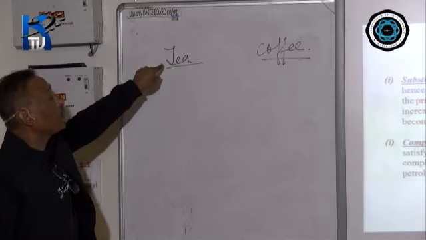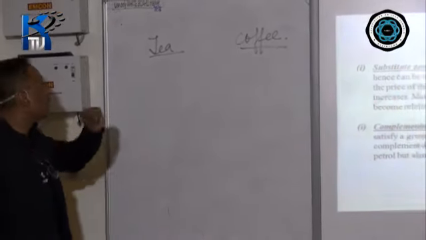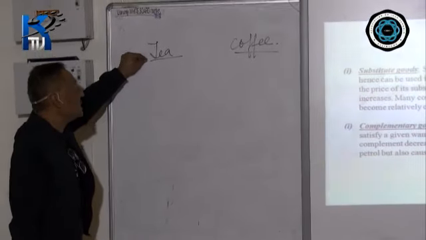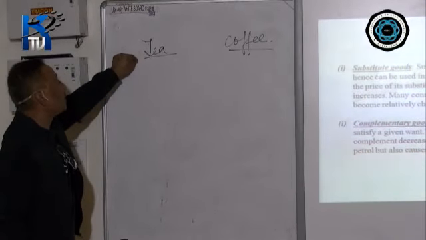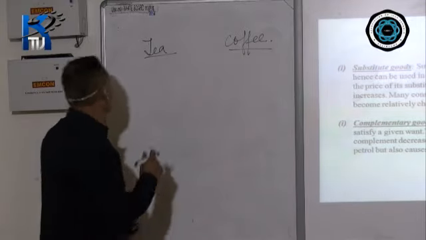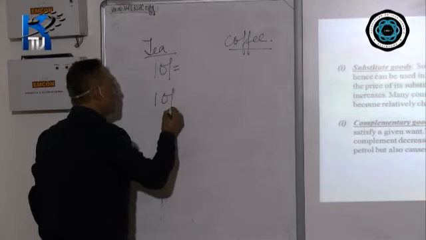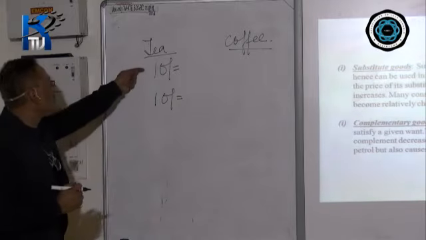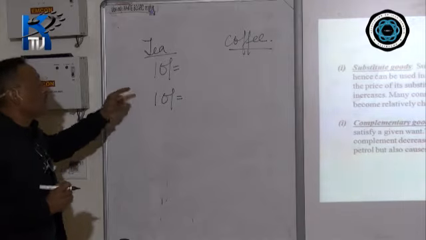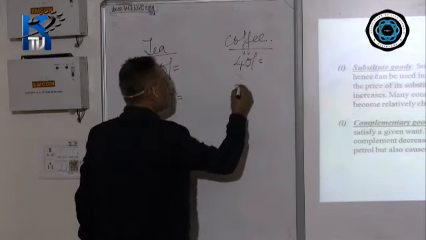It is a topic which is actually the price of the commodity. Here, the price of the commodity tea will not change, but the price of the related good, the substitute good, will change. That is why I always kept the price of tea as 10 rupees. There is no change in the price of the commodity, but there is a change in the price of the substitute good.